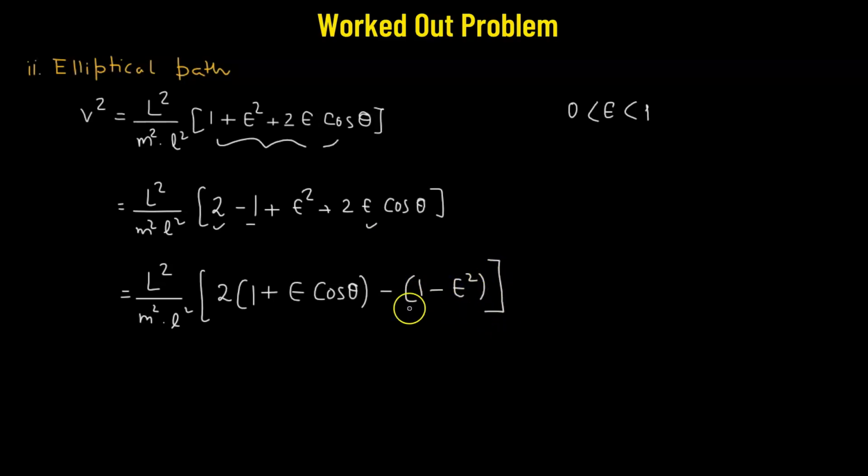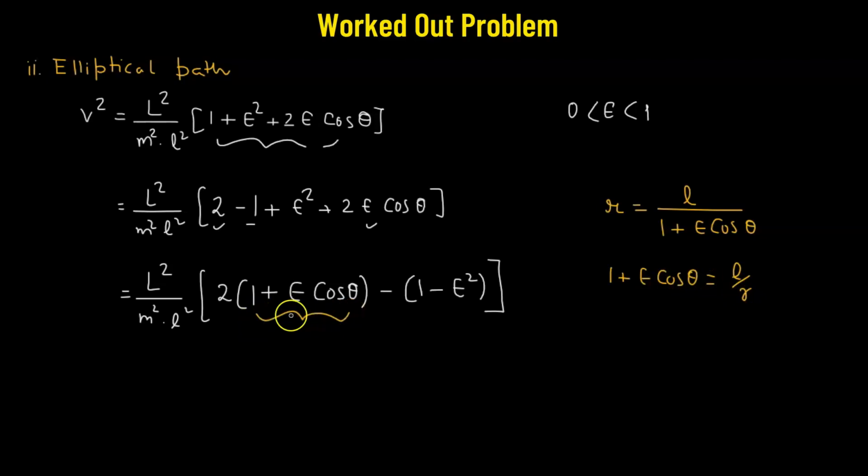Fine. Now the reason why we have done this is that, according to our definition, R is given by L divided by 1 plus epsilon cosine theta. So that means in place of 1 plus epsilon cosine theta, we have L over R. So we can replace it here. And also, we know that the value of A is given by L divided by 1 minus epsilon squared.